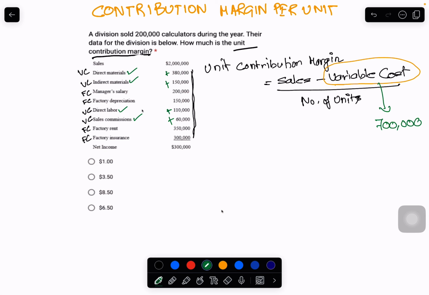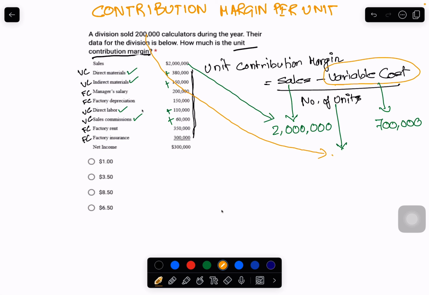And sales is directly given in the question, which is 2 million. The denominator of the formula asks for the number of units, and it's also given here that 200,000 units have been sold.